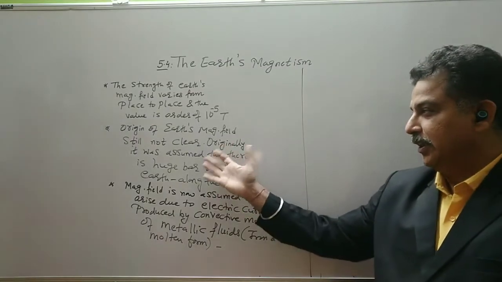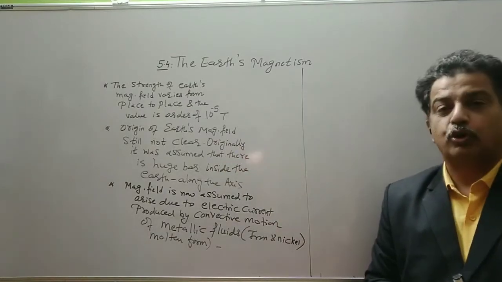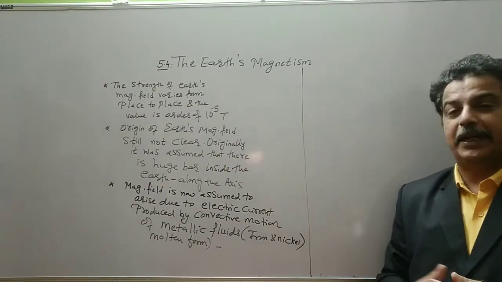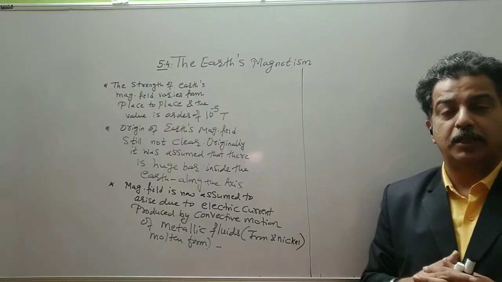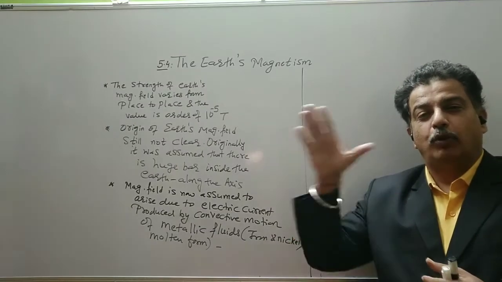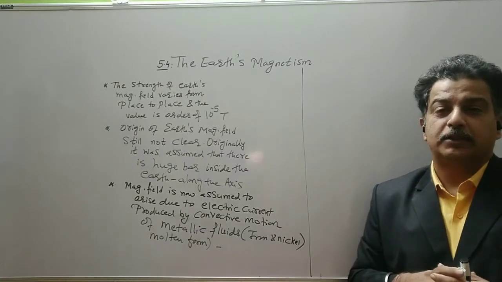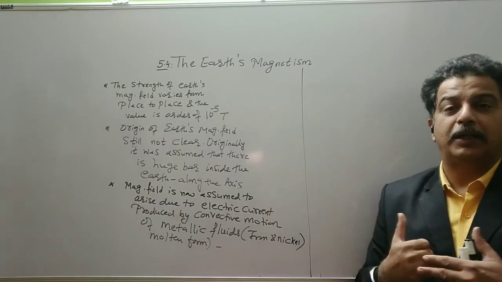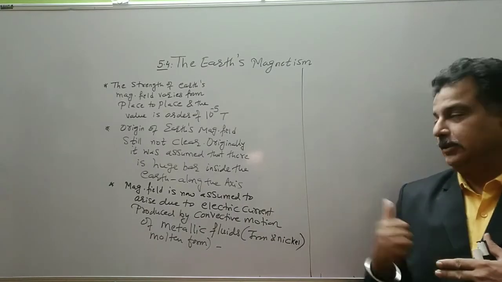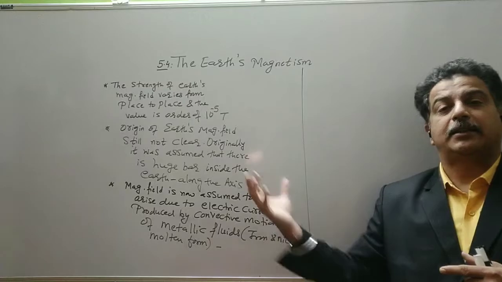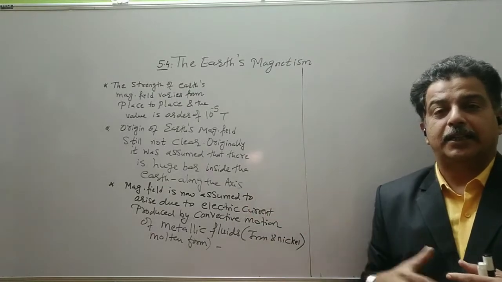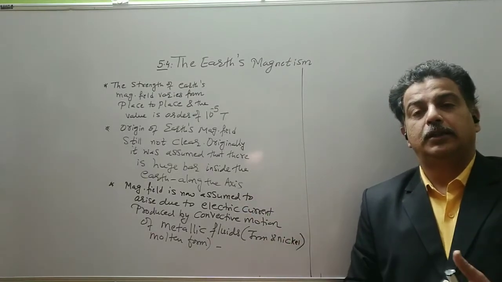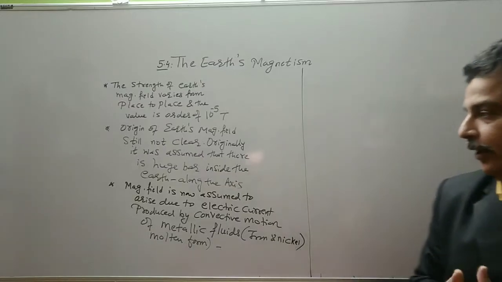Now this theory has been proved wrong. There is no such bar magnet. It was simply an assumption because the needle was always pointing towards the north, so they assumed that there is some bar magnet which is attracting this lodestone or this magnetic needle.